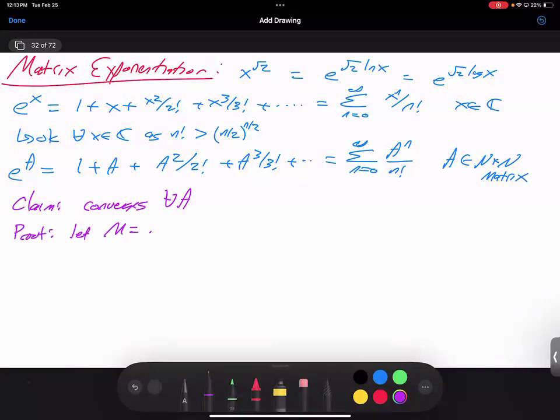let M be the maximum of the entries of the matrix. If I want to look at the maximum element of A squared, how big could that be? What's the largest an element of A squared could be?